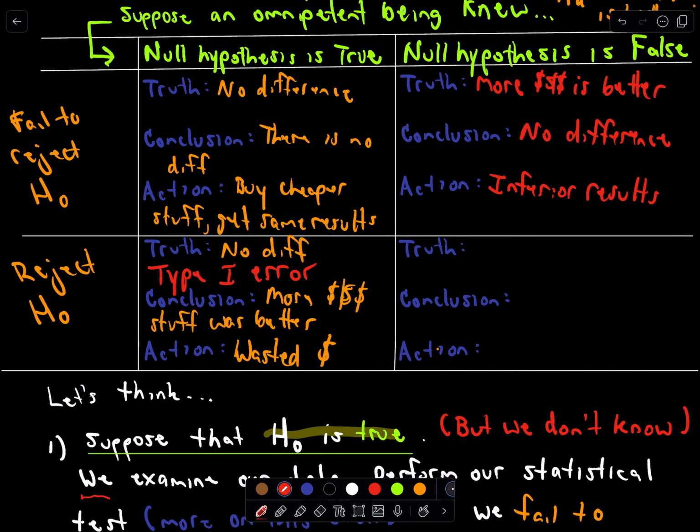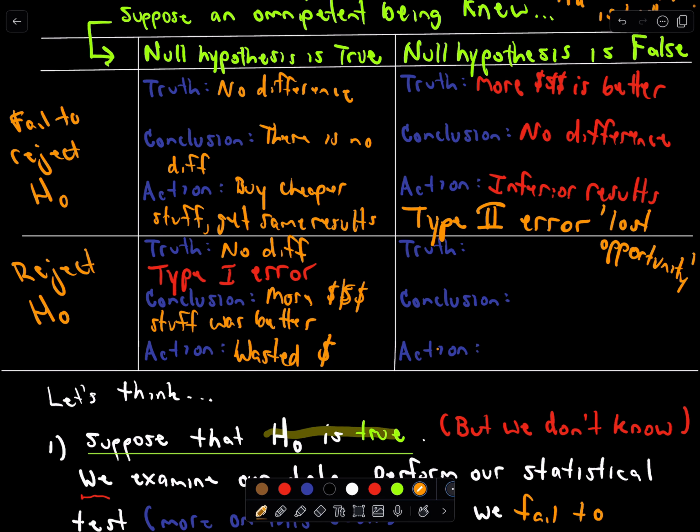That's not good. Well, what we've done in this case, we've messed up, and this is called a type 2 error. So it's kind of like a lost opportunity is how you can think about a type 2 error. A lost opportunity.